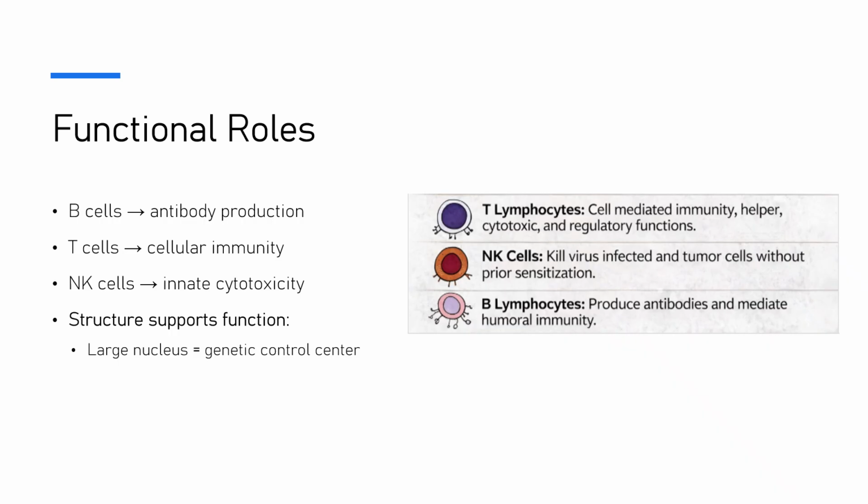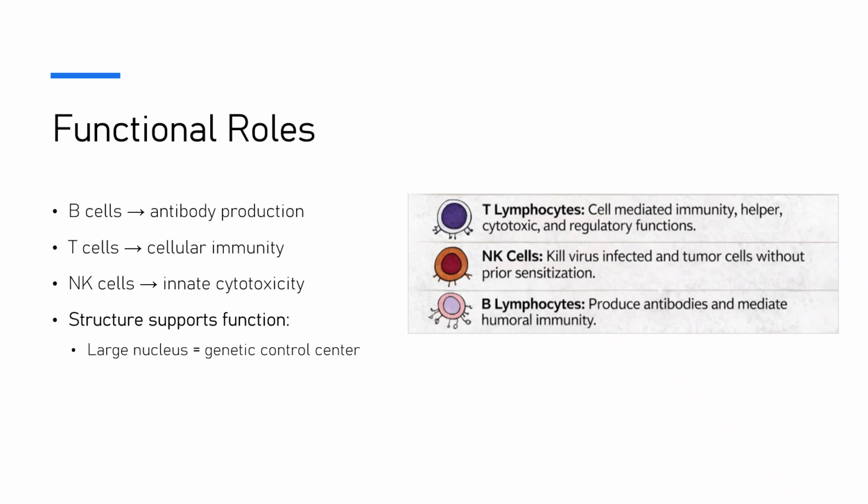T lymphocytes come in several functional varieties. Helper T cells coordinate immune responses by releasing signaling molecules called cytokines, which activate other immune cells. Cytotoxic T cells directly attack infected or abnormal cells by inducing apoptosis. There are also regulatory T cells, which help keep immune responses balanced so the system doesn't become overactive.